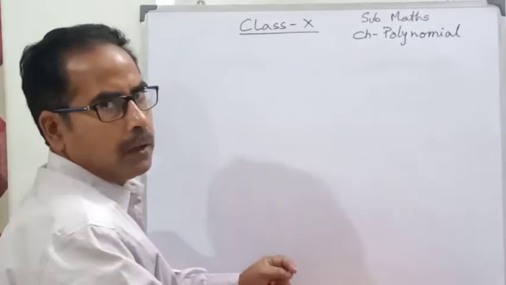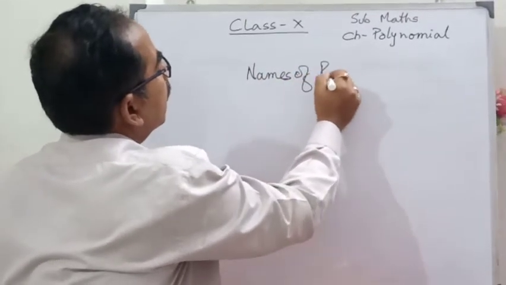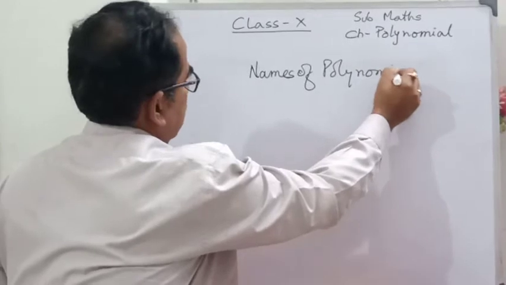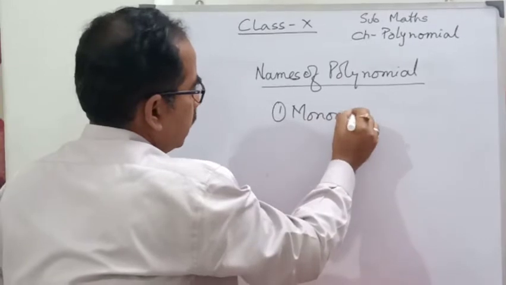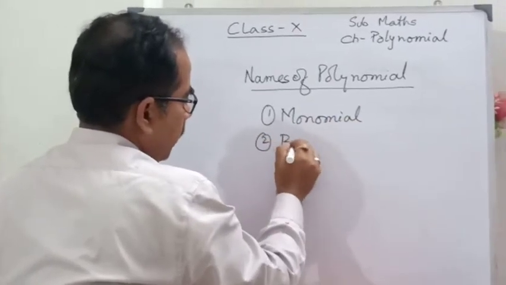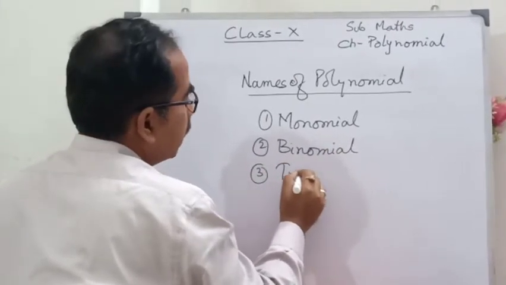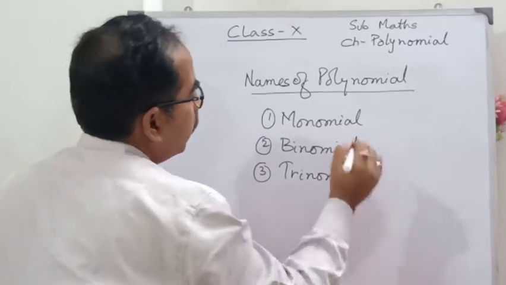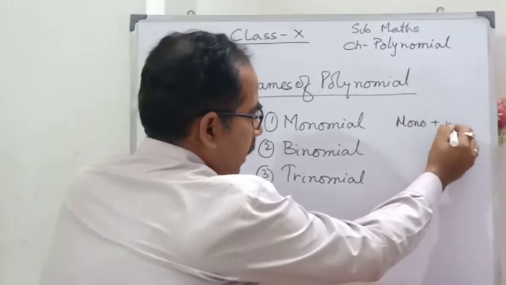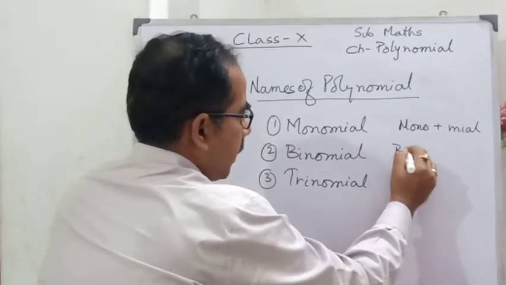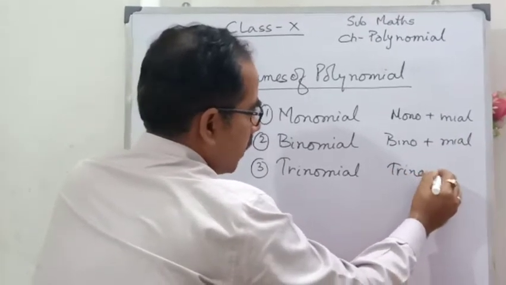So after the definition, let us know the names of the polynomial. Suppose monomial, next is binomial, next is trinomial. Now look here, monomial, two words are here, mono plus mial. Here also bino plus mial, here also trino plus mial.